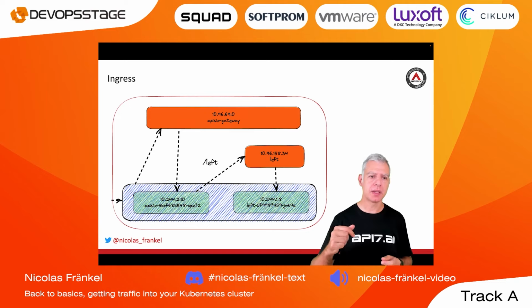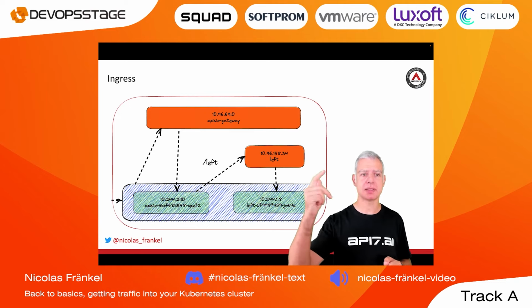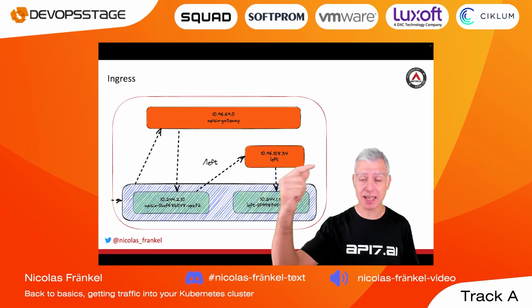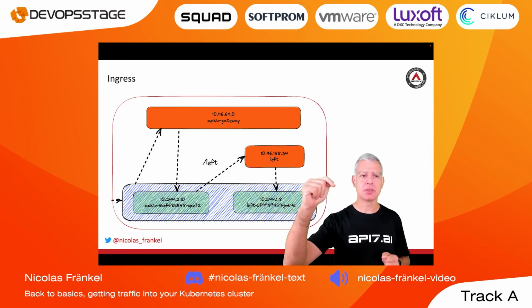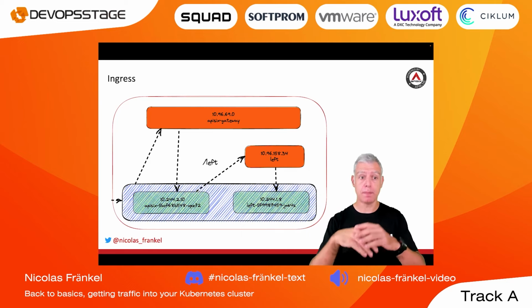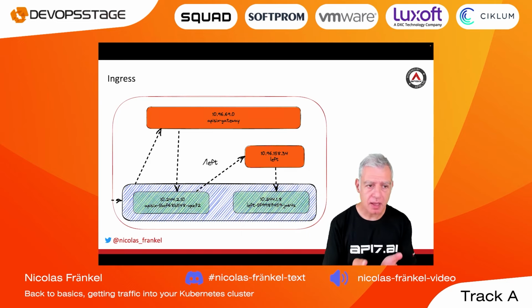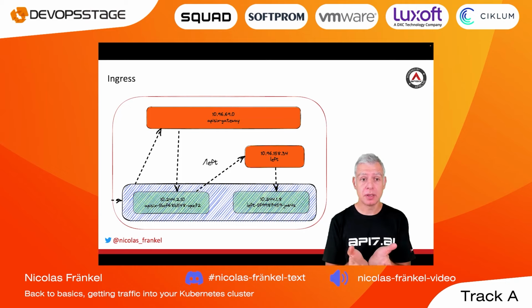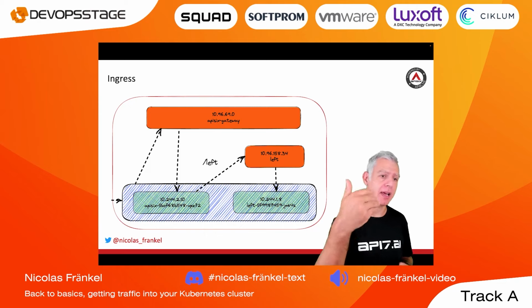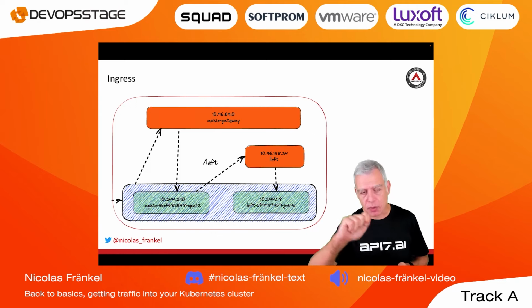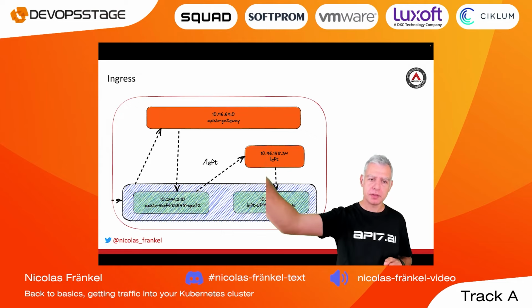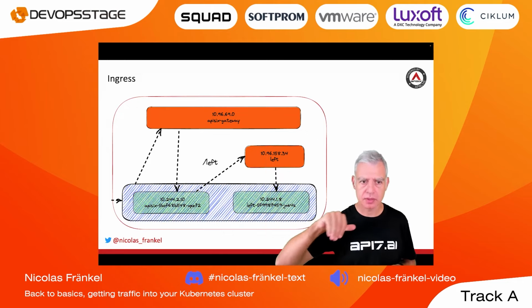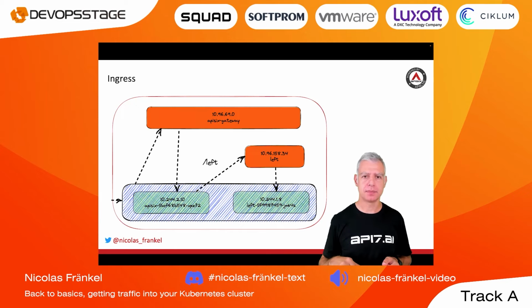The node will direct me to the service of the APISIX gateway. The APISIX gateway will direct me to the Ingress controller, which is a pod itself. Then the Ingress controller will understand somehow that I want to access, for example, the left pod. It will direct me to the left service, and then the left service will forward me to the left pod.